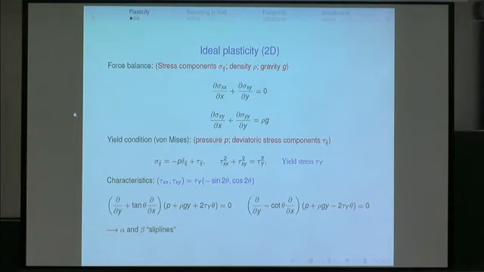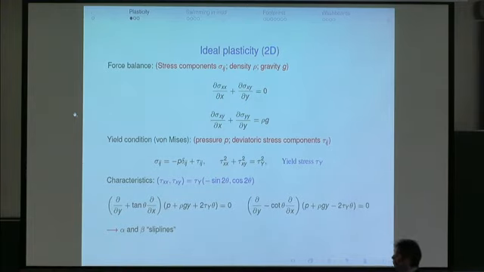Sigma ij are the stress components, and in the confines of ideal plasticity with the von Mises yield condition, I split the stress up into a mean pressure and a deviatoric stress, and the deviatoric components of the stress satisfy that yield condition. Tau y is the yield stress. All right, so I'm going to be focusing on material that's deforming with that sort of a constitutive law.